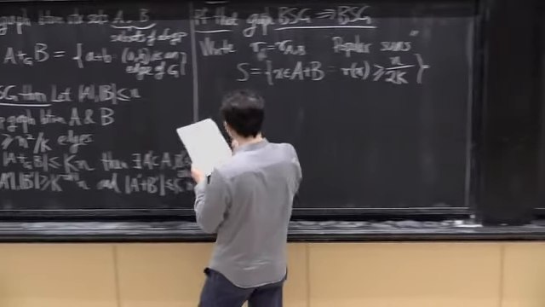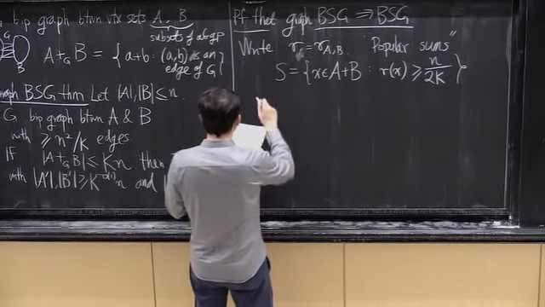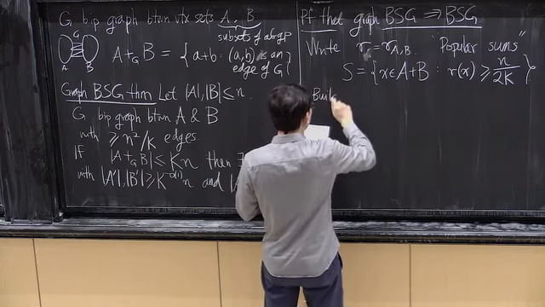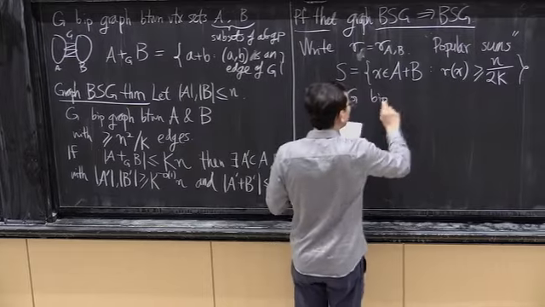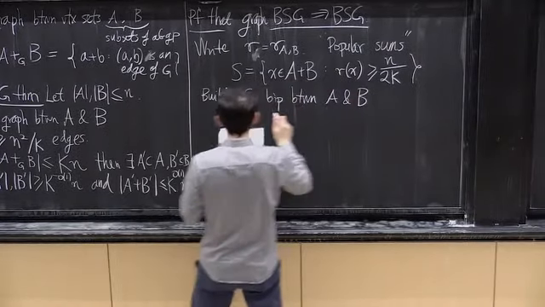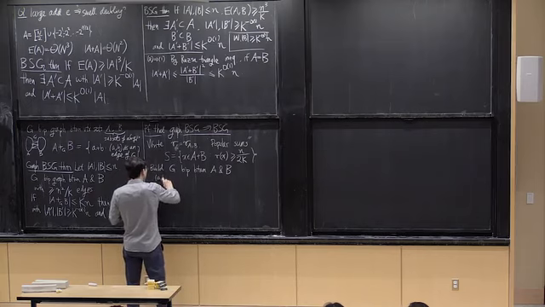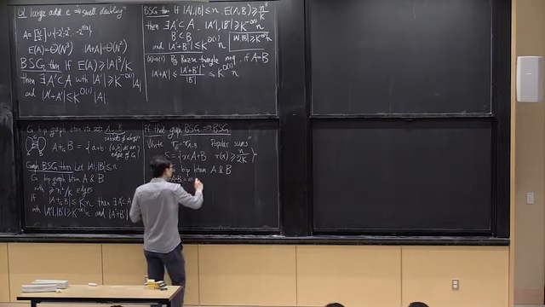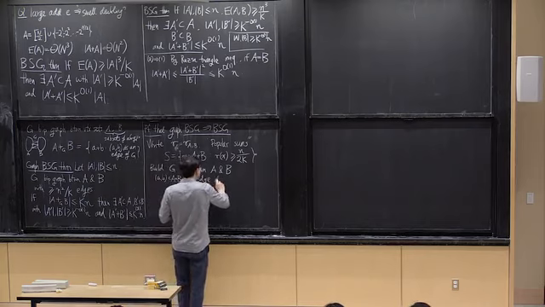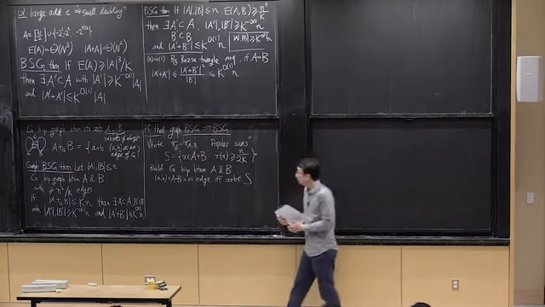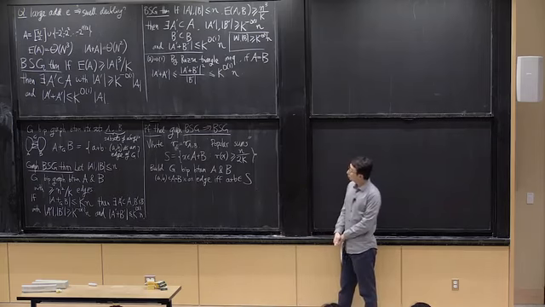So let's consider bipartite graph G such that A comma B is an edge if and only if A plus B is a popular sum.